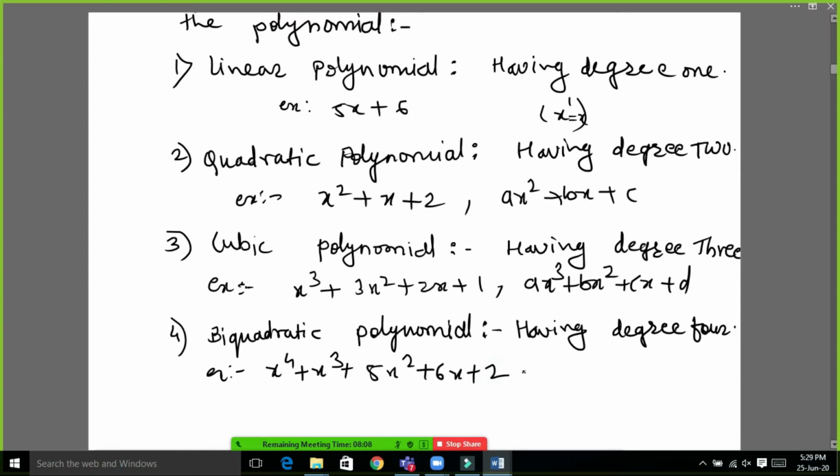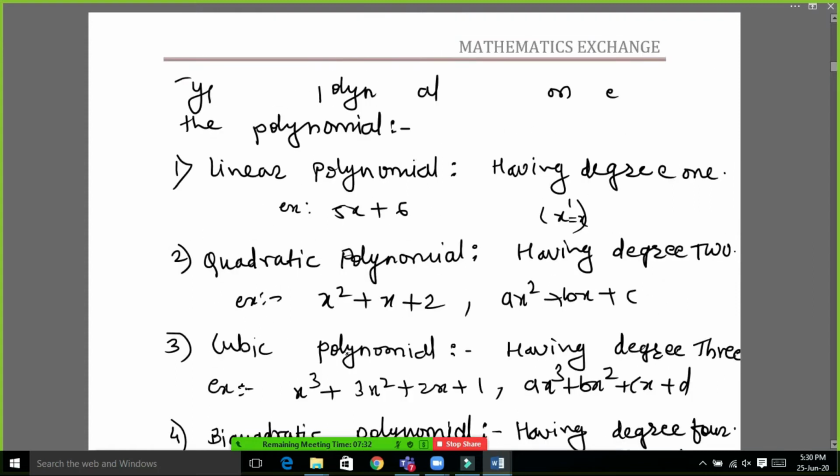This is a biquadratic polynomial because the highest power is 4 here, the degree is 4. The standard form is ax to the power 4 plus bx cube plus cx square plus dx plus e. Again a, b, c, d, e are real numbers, also known as coefficients of the variable or constant term. So these are the types of polynomial based on the degree.